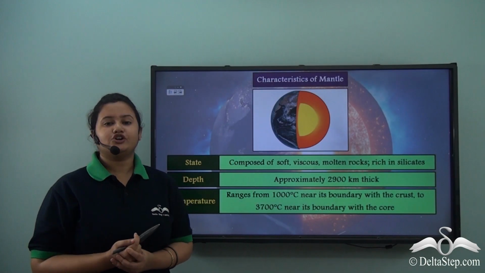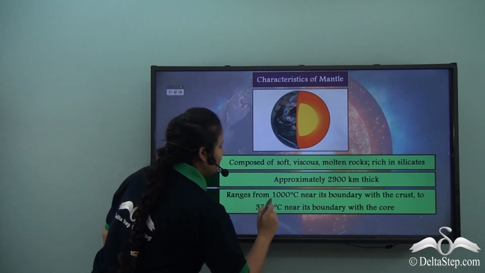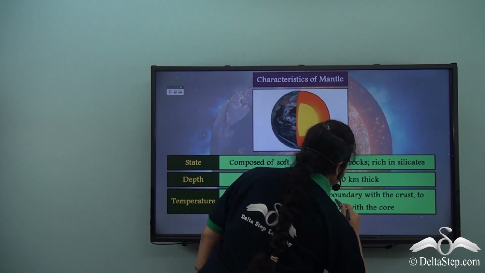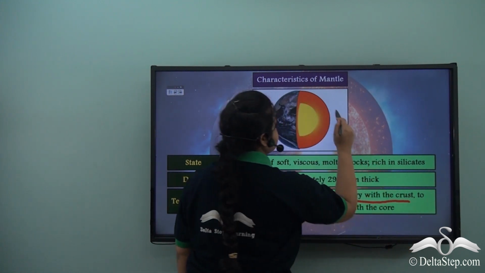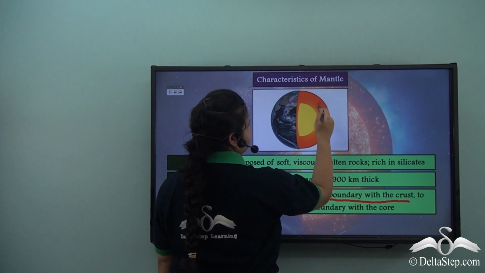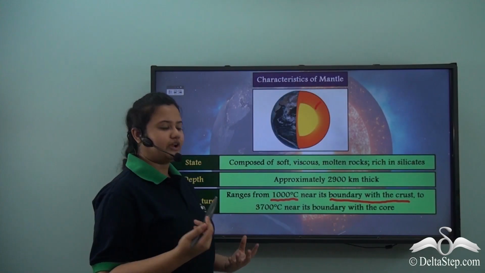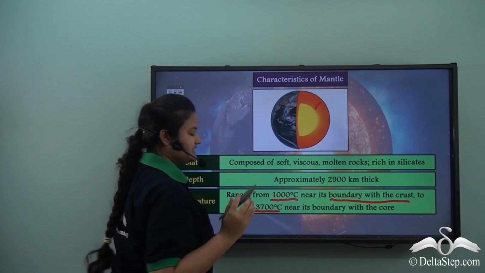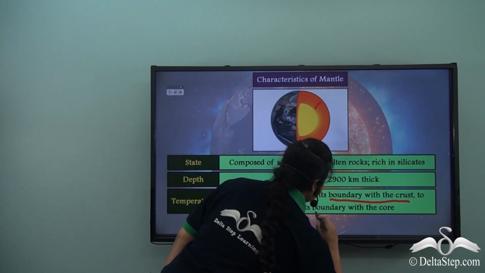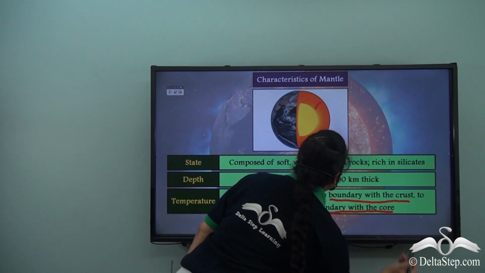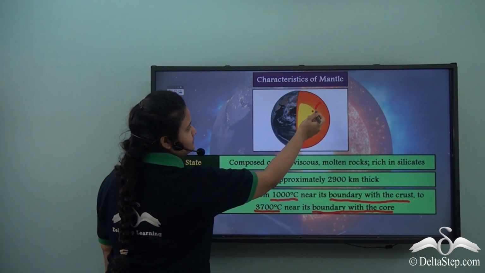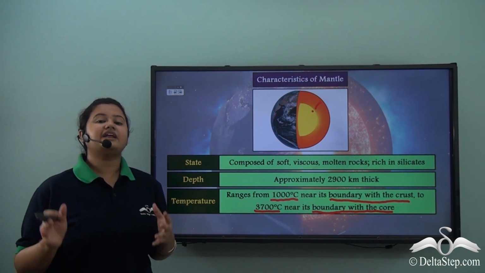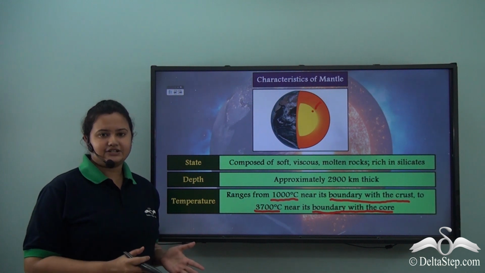The temperature of mantle ranges from 1000 degrees centigrade near its boundary with the crust, that is here, and as we move deeper the temperature rises up to 3700 degrees centigrade near its boundary with the core. So here at this point the temperature rises up to 3700 degrees centigrade.